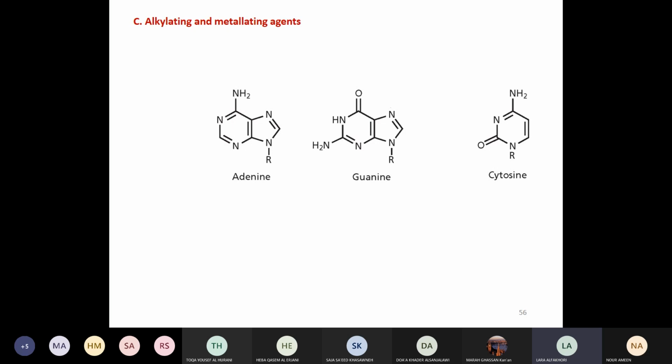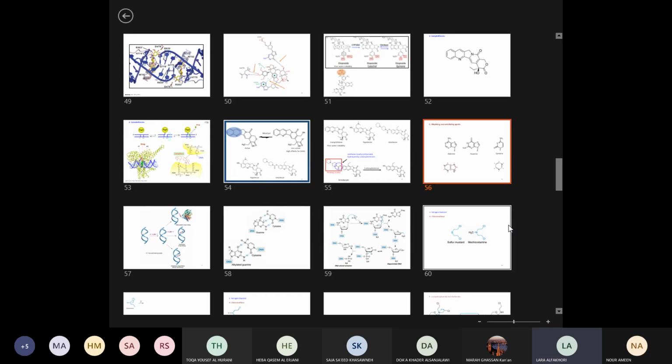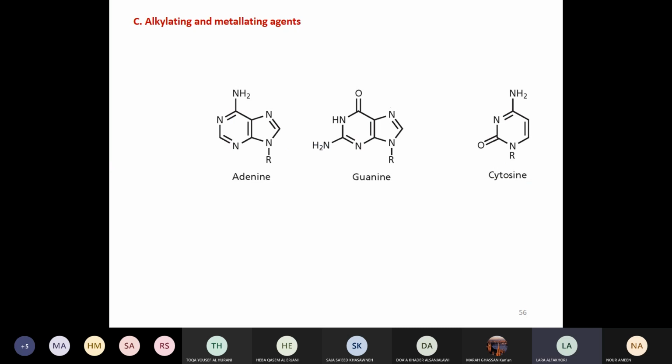So most of the alkylation on DNA will involve the nucleophilic atoms in the nucleic bases.